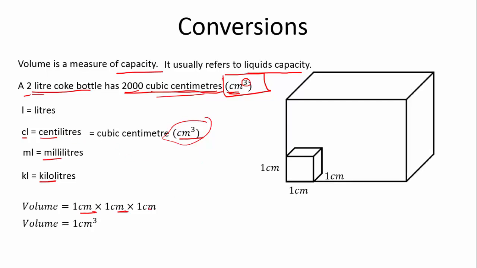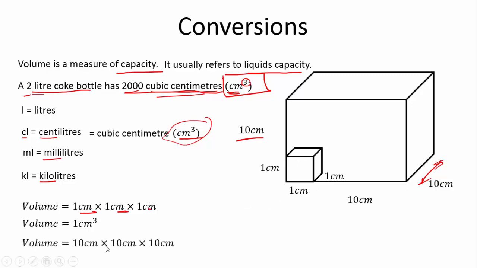Now we make a bigger cube out of this. That is 10 centimeters by 10 centimeters by 10 centimeters. So how many of these cubes are going to fit in there? The volume now is 10 centimeters times 10 centimeters times 10 centimeters. There'll be 10 along the bottom, and 10 rows of these 10 makes 100.